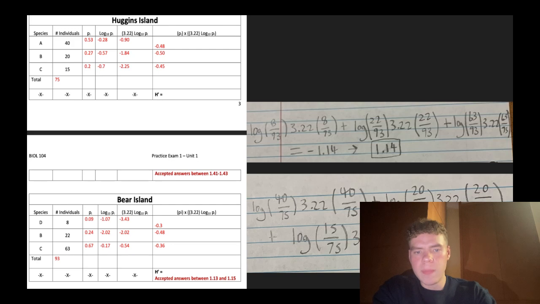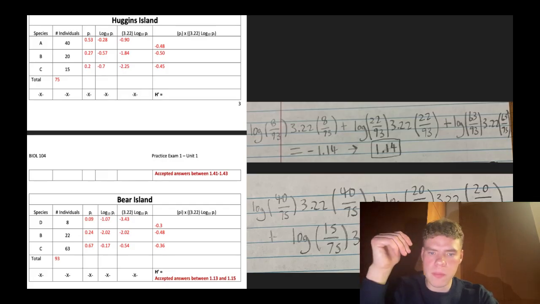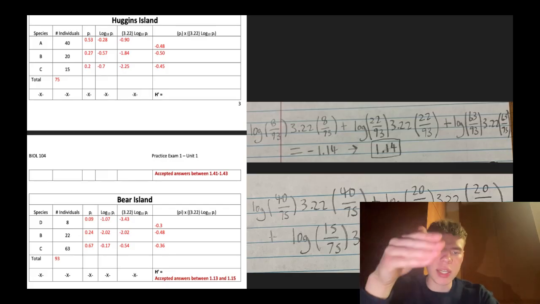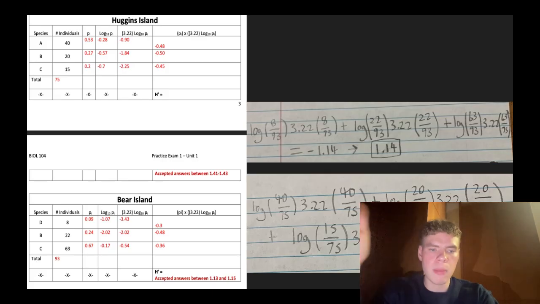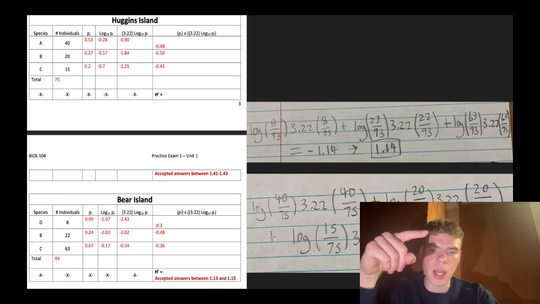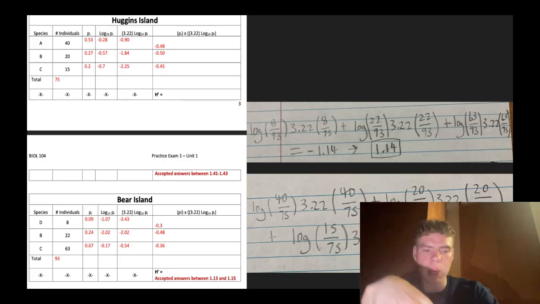of individuals there. And on the right here, I've written down some math for, say, Bear Island. I did log of 8 divided by 93 multiplied by 3.22, multiplied again by the fraction, plus log of 22 divided by 93 multiplied by 3.22, multiplied by the fraction again, plus log of 63 divided by 93 times 3.22, multiplied by that fraction once again, and we take the sum of all of that, and that gives us 1.14.